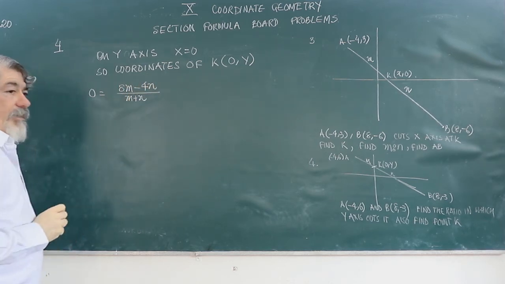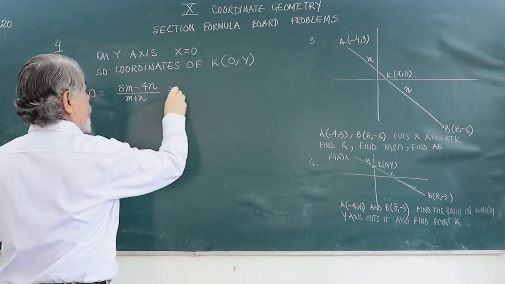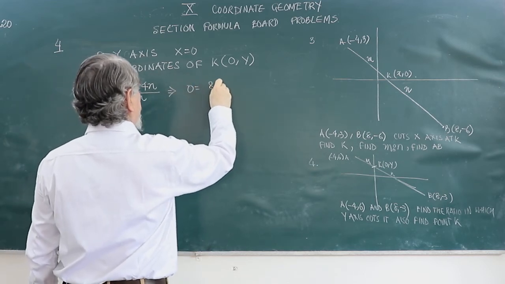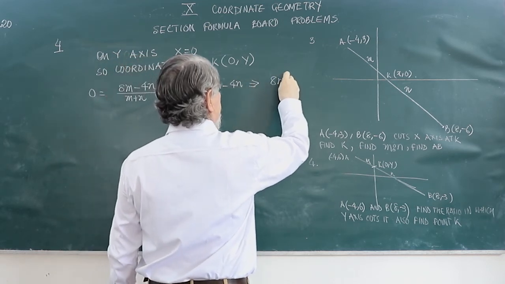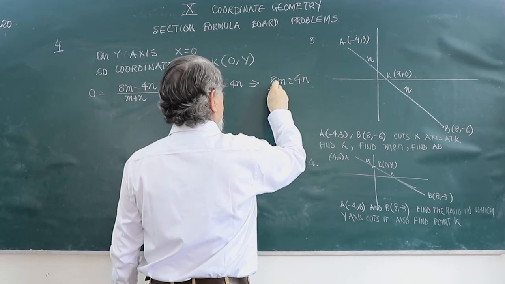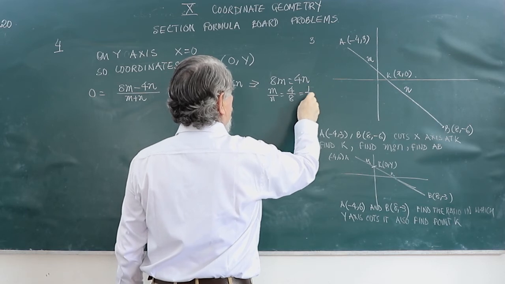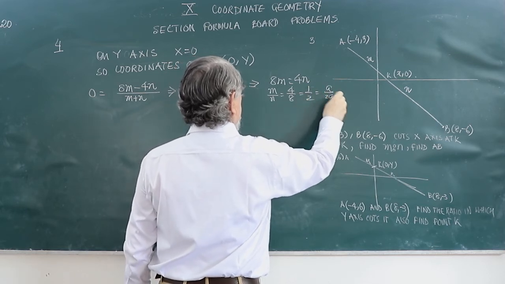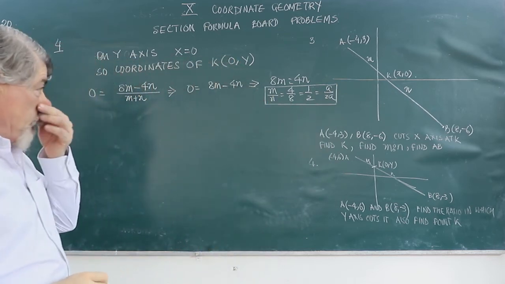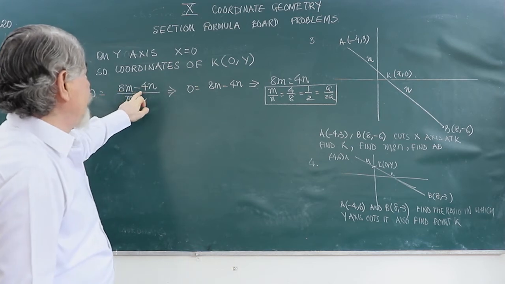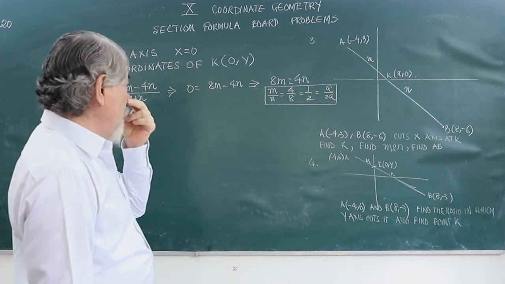When we cross multiply, we get 0 is equal to 8m minus 4n, or 8m is equal to 4n, so m upon n will be 4 upon 8, that is 1 upon 2. So the m is to n ratio is 1 is to 2.